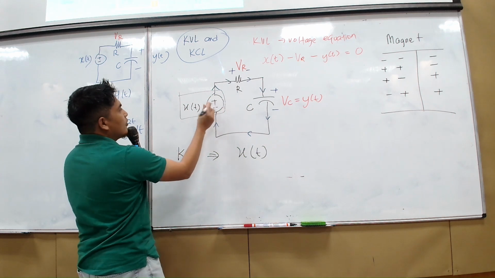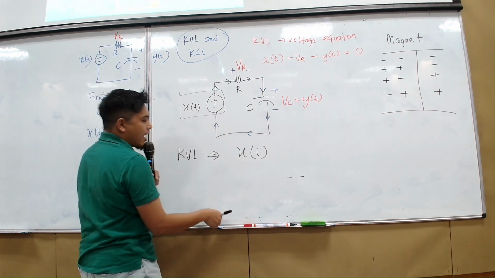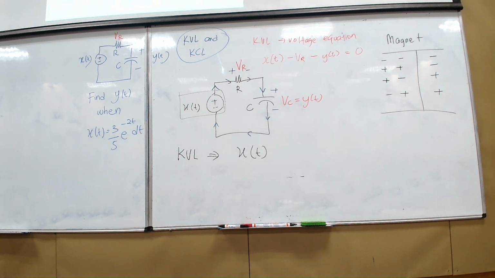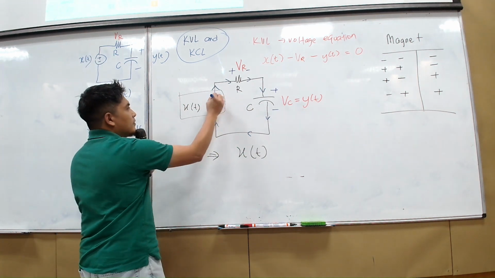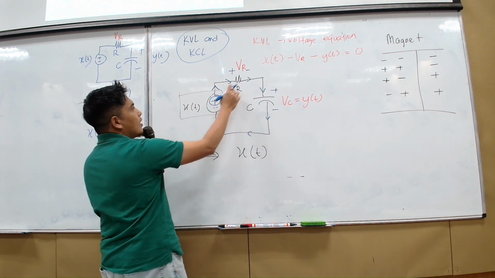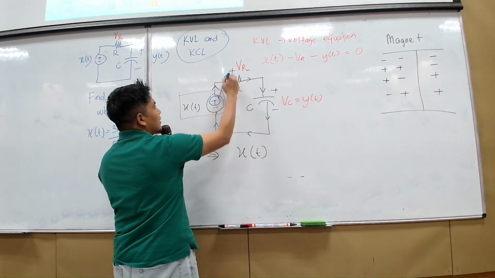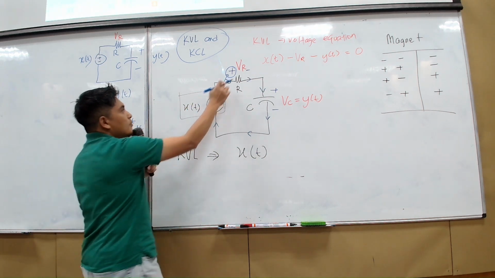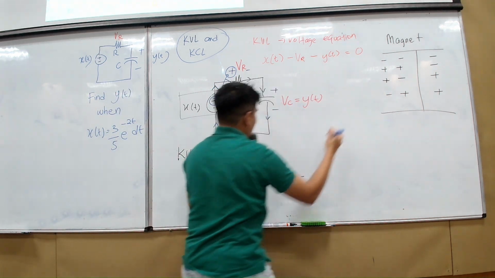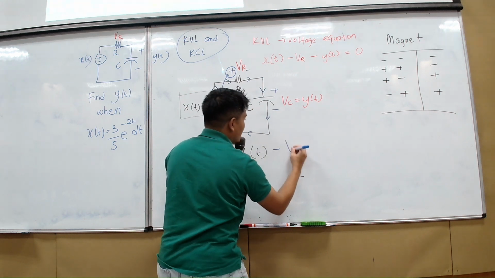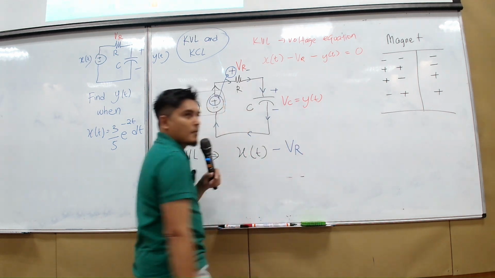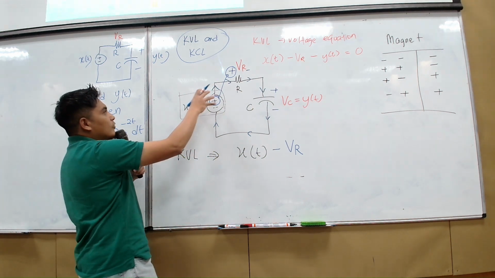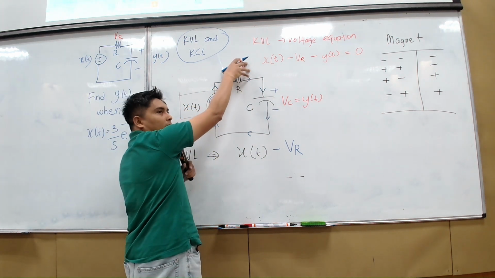Okay. So from the XT, the sign going up from XT is positive, and then you compare with the VR. What is the sign that meets first? Positive, positive, negative VR. Next, we already compared with VR.